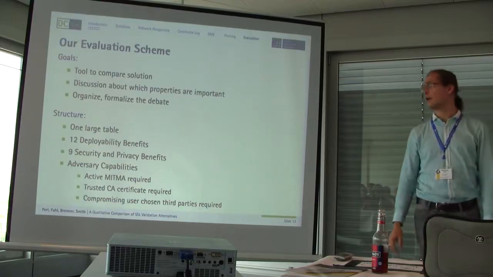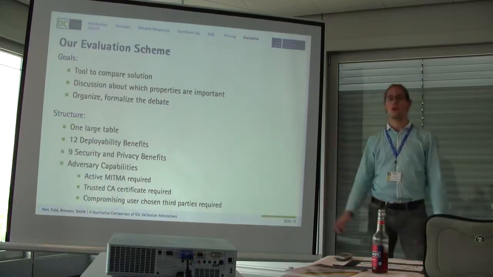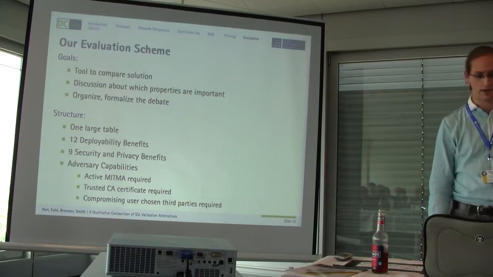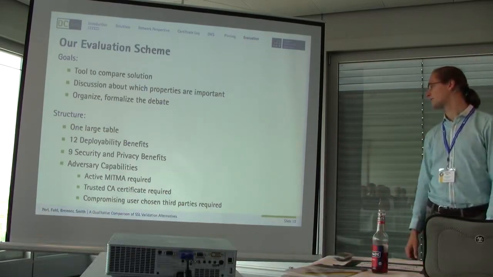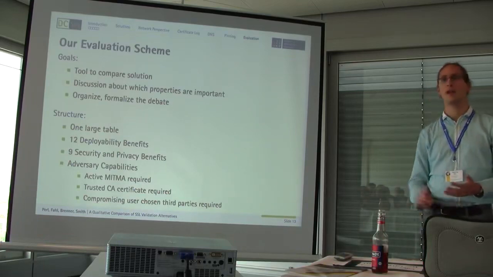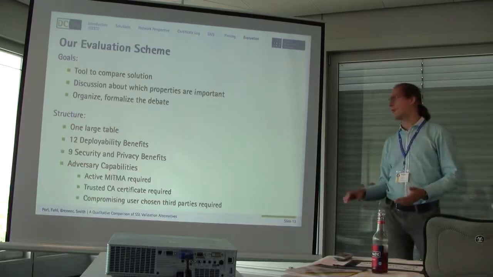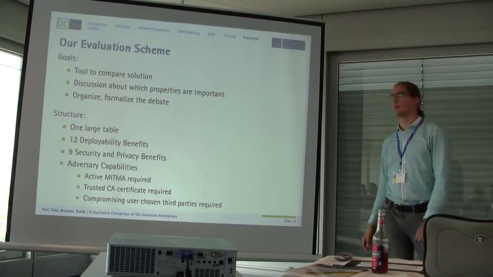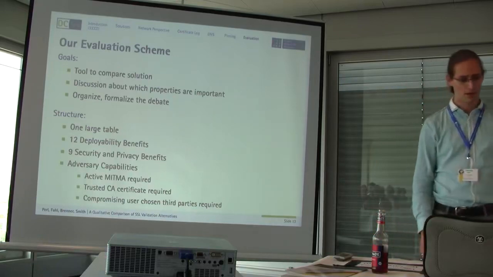For all other solutions, that's not true. So all other solutions don't fall just because the adversary has a trusted CA certificate. With exception to certificate transparency, where the attack might go through, but the CA that signed the certificate maybe will be in trouble, because then the whole world knows that they sign malicious certificates.